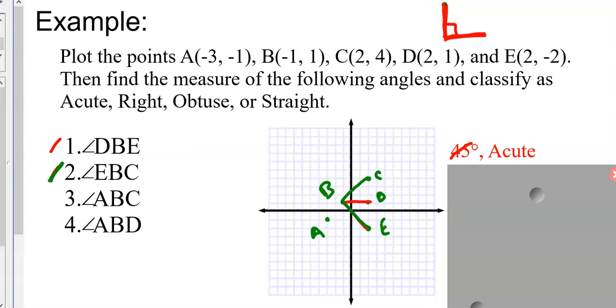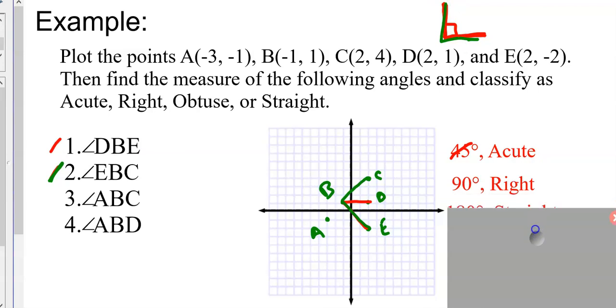That one again, we're kind of looking here, that is going to give us that right angle. Okay. Third one, I'll do that in blue, ABC. And hopefully you see right there, I was able to draw just a single straight line. So again, that's going to be your 180 degrees there. And again, I'm not really worried about the degree measure right now, but that would be the 180.